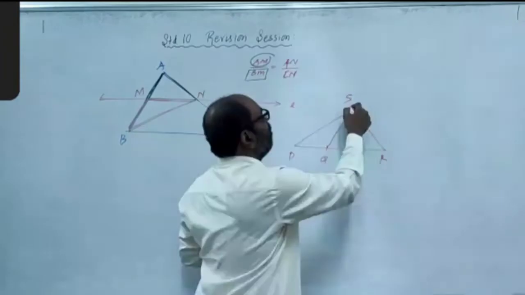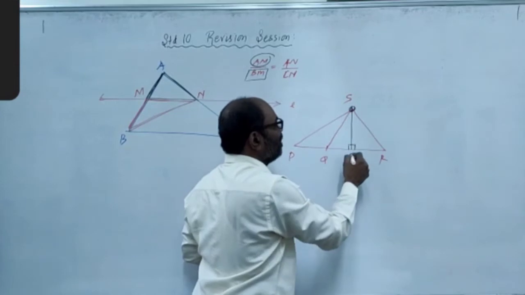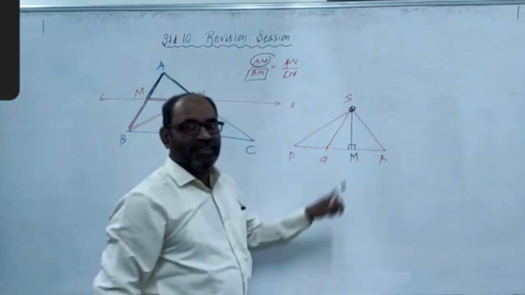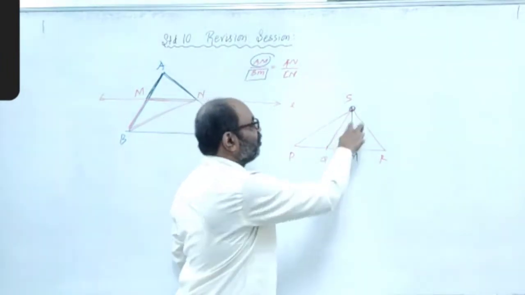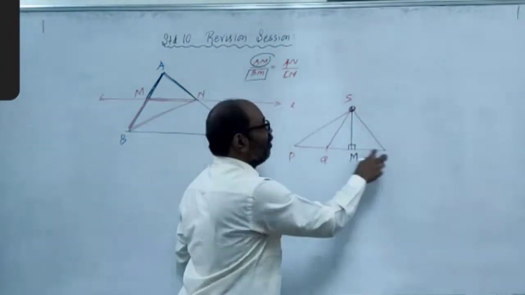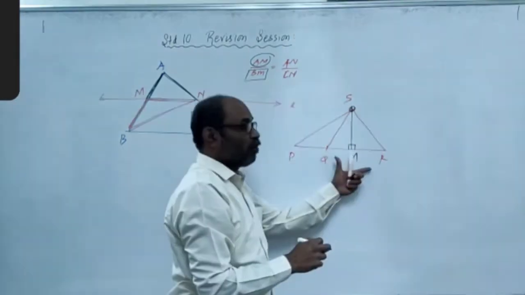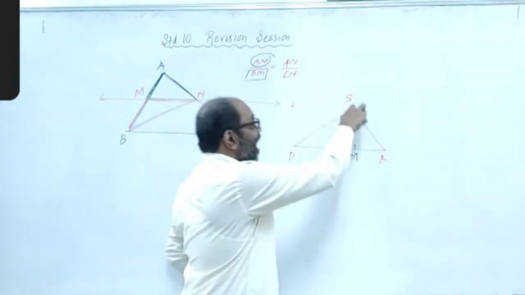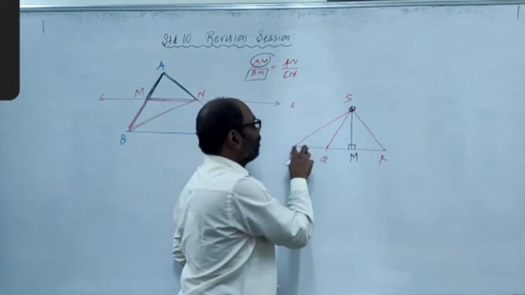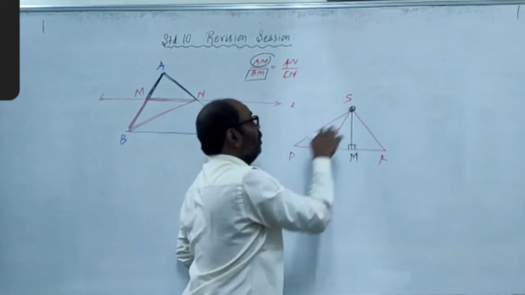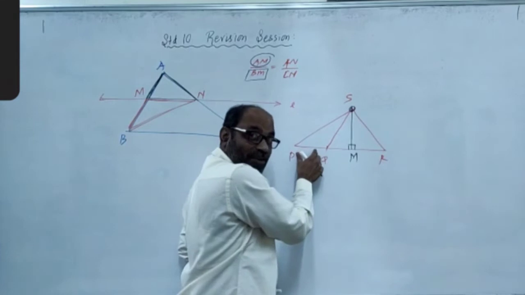So if you drop an altitude from S to the base, that altitude is common for all three triangles. SM is the altitude of triangle QRS to the corresponding base QR. SM is the altitude of triangle PQS to the corresponding base PQ.